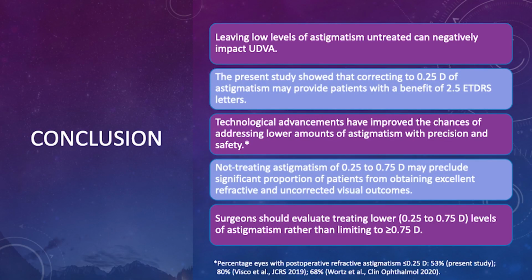So in conclusion, leaving low levels of astigmatism untreated can negatively affect the uncorrected distance visual acuity. The present study showed that this improved 2.5 ETDRS letters if you corrected 0.25 diopters of astigmatism. And the technology advances with the improvement of addressing the lower amounts of astigmatism with the lenses, and the precision of this and the safety of it is really important.